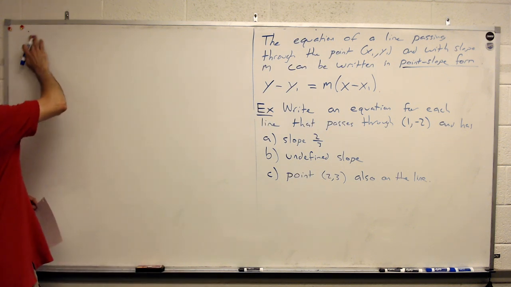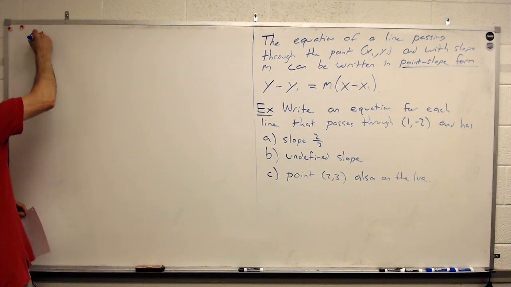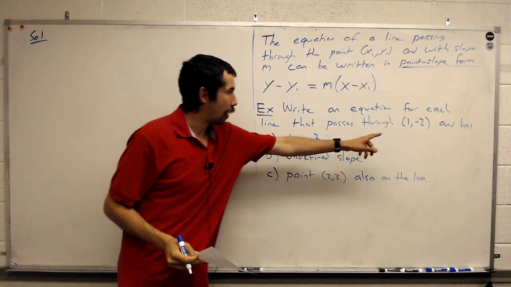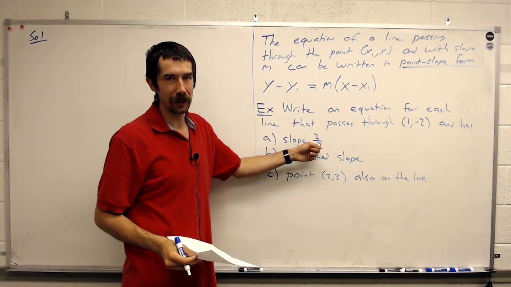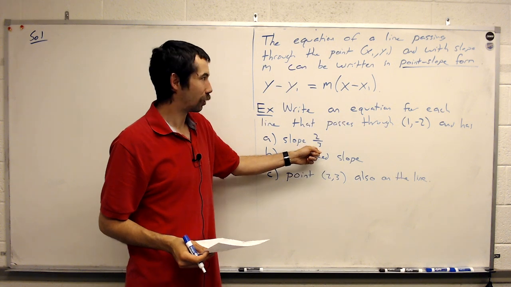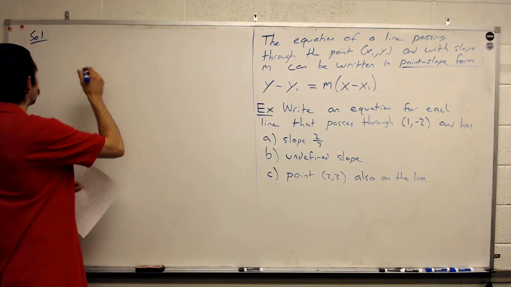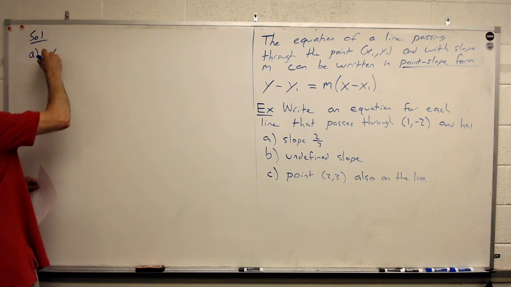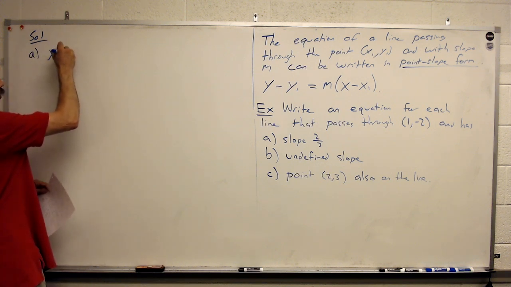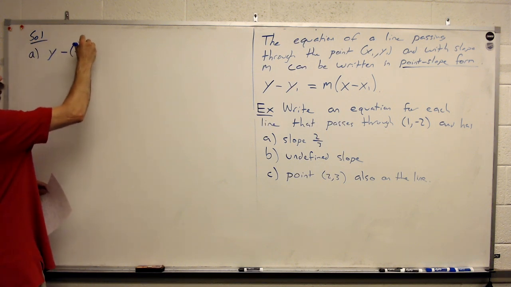Okay, so let's start with A. We have a point and we have a slope. So what are we going to use? We're going to use point-slope form. All right, so that's y minus the y component of our point.